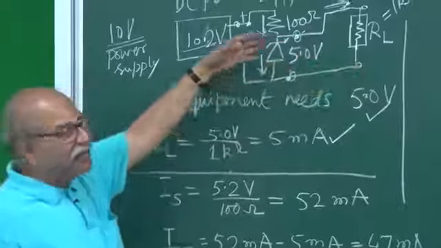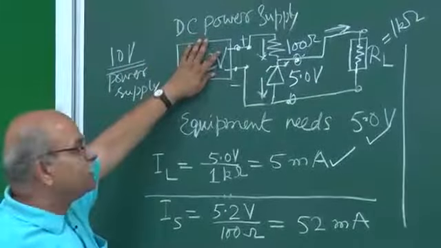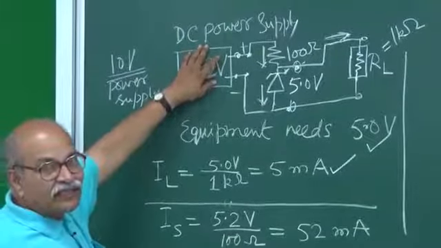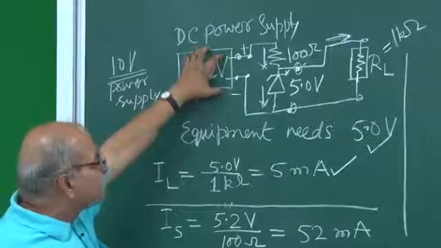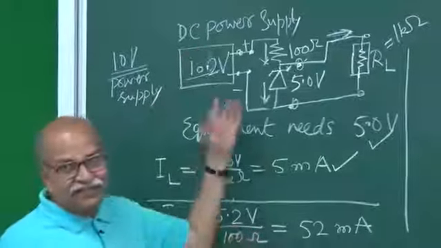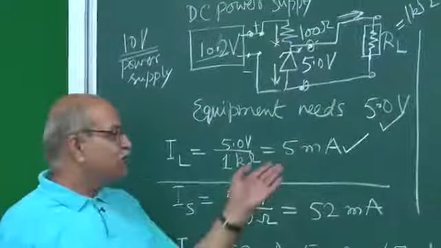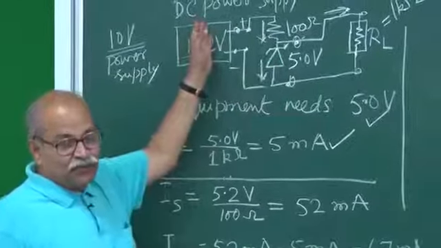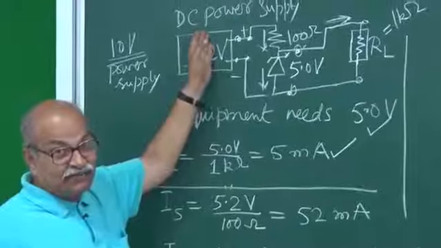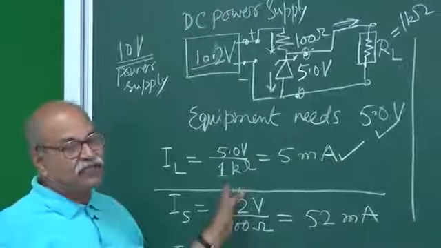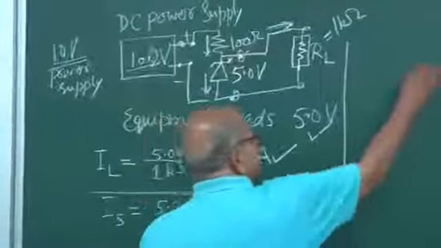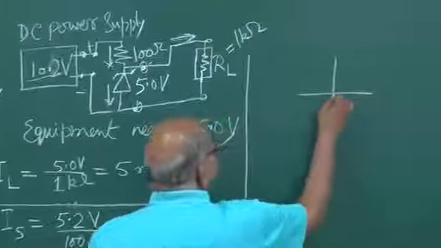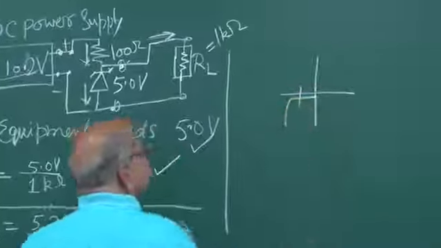But remember, your fluctuation should not be so high that this voltage goes less than the breakdown voltage. Then this will not work. If it is meant for 5.0 volt and the supply voltage goes to 4.8 or 4.7, then this whole thing will not work, because then you are not in the breakdown region. You are somewhere here.